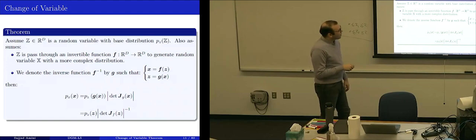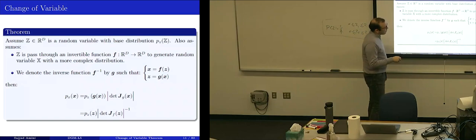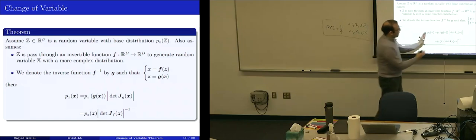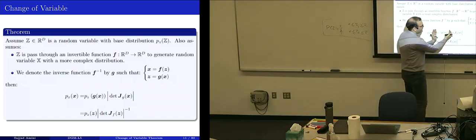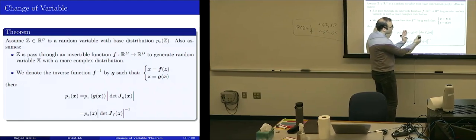Then this formulation, which is called the change of variable theorem, tells you how to update the PDF if you use the f transformation. The distribution in the target space is equal to this. This is what we applied before. We said that there is a point-to-point correspondence.